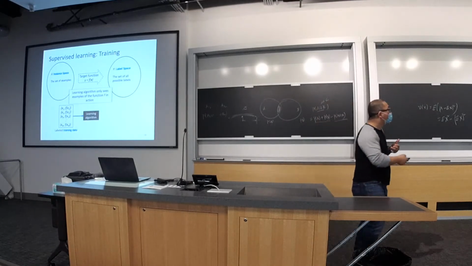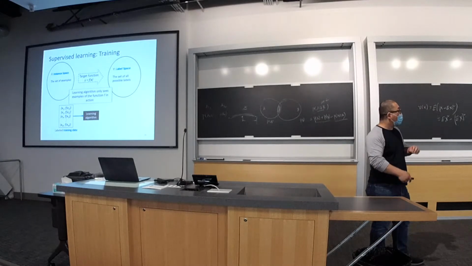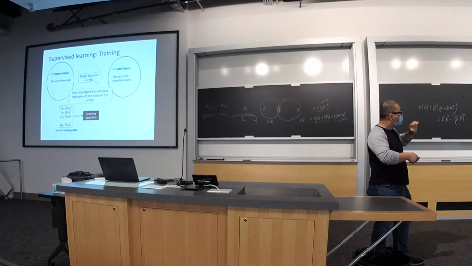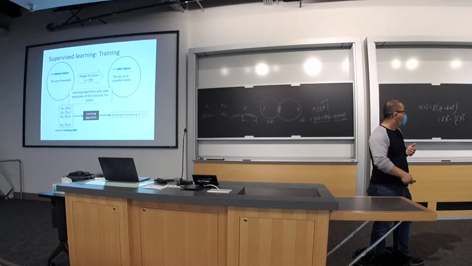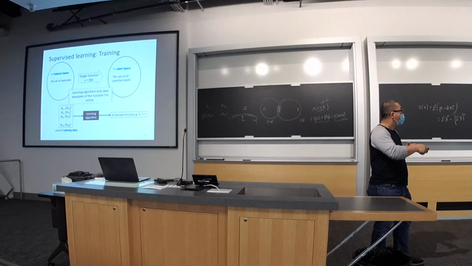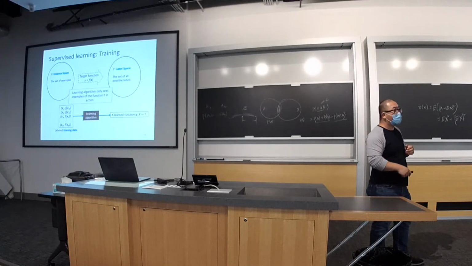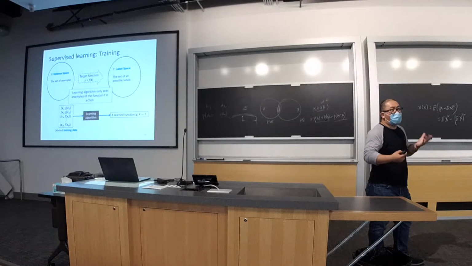You feed them to our learning algorithm, and the learning algorithm will search over the functions, guided by this training data, to find something. We denote this learned function by g, which is also a mapping from the instance space to the label space. Then we believe that our learned function g either is the target function or close enough to the target function. That's the whole setting, or the framework, of supervised learning.